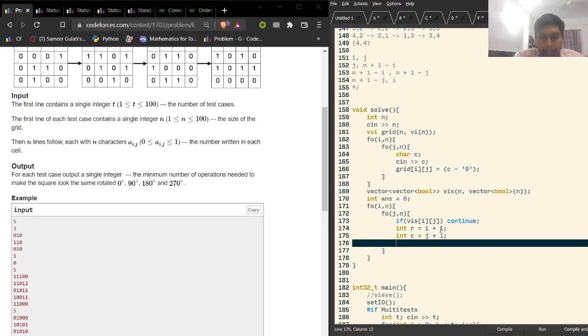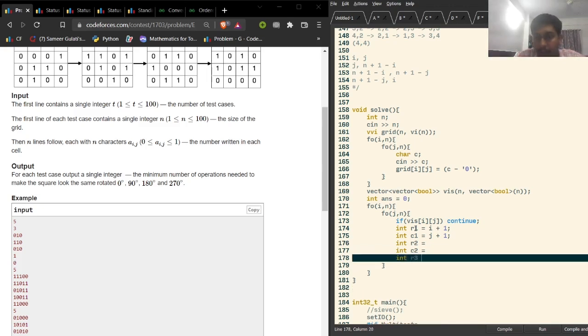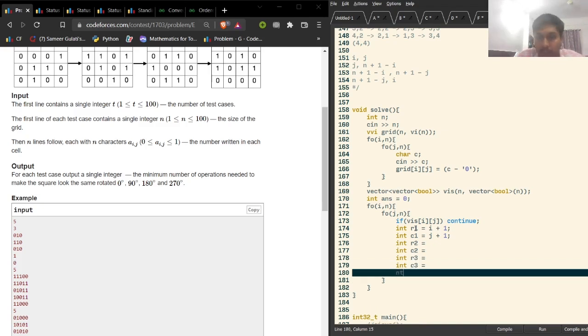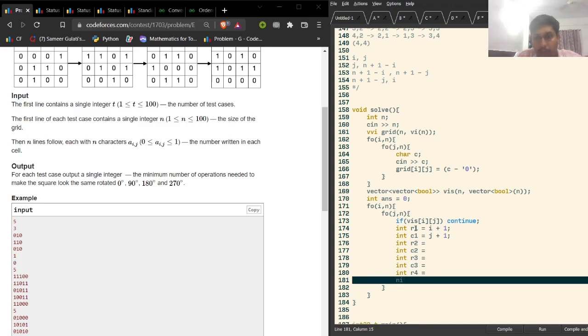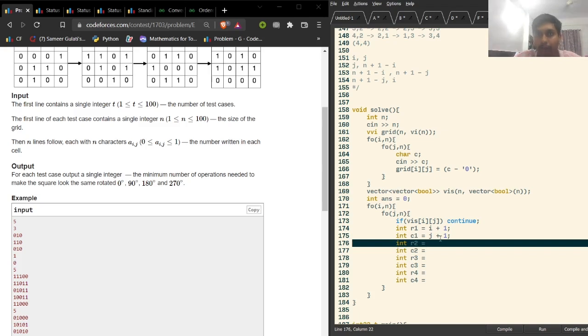So okay, these are the first. So R1 C1, then R2 C2, R3 C3. I'll just write them down as we wrote above, and R4 C4. I should have just done it in zero indexing, but I wrote it in one indexing.